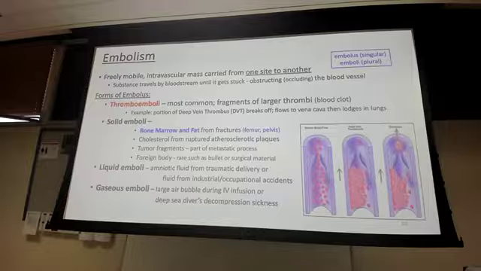What's the difference? Okay. Oh, that's nice, I guess.